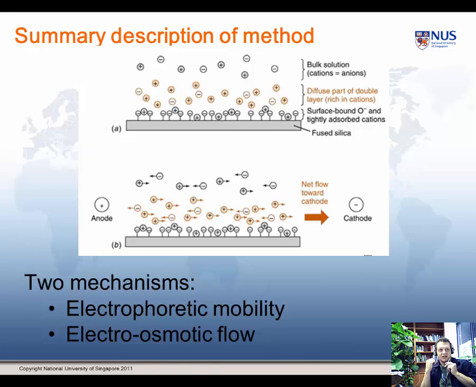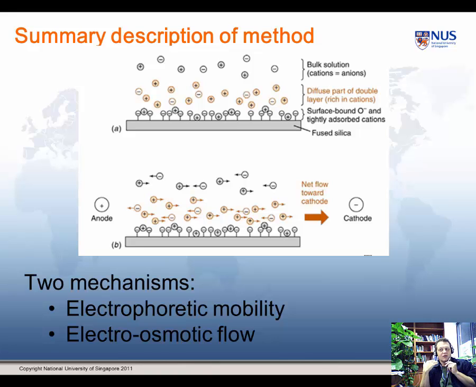Now clearly the solution contains positive and negative ions, and this negative charge will attract the positive ions to it, and you can see in the diagram that we've got associated with that negative charge some more tightly absorbed cations, positively charged ions. As one moves further away from the wall, this charge slowly diffuses, and eventually you get to the bulk solution where you have positive and negative ions in broadly equal ratios.